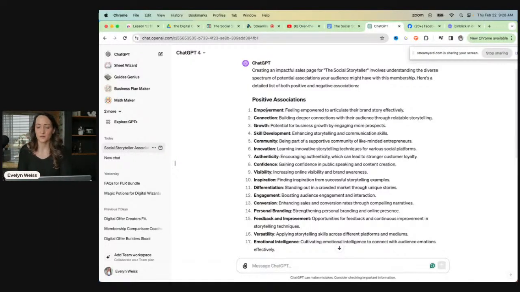Community, being part of a supportive community. Innovation, learning innovative storytelling techniques for various platforms. Authenticity, encouraging authenticity can lead to stronger customer loyalty. Confidence, gaining confidence. Visibility, increasing visibility. Inspiration, finding inspiration from differentiation.